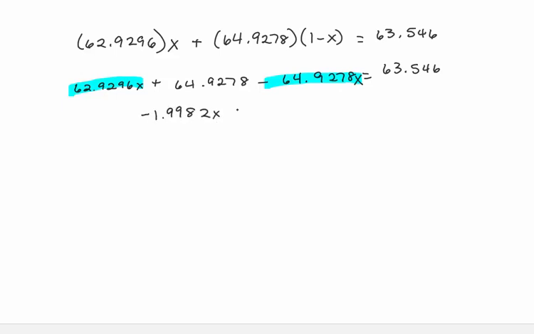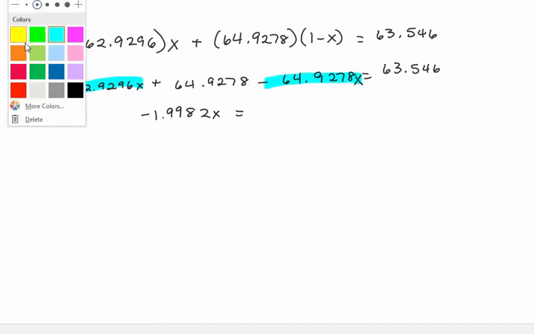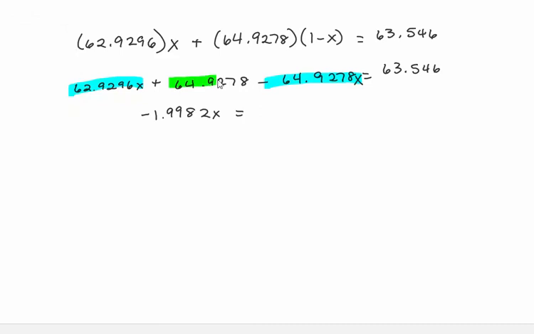And then I'm going to subtract 64.9278 from both sides and end up with a negative 1.3813. Now, because I have negatives on both sides, they're going to cancel out. But I could also look at this as dividing both sides by a negative 1.9982.